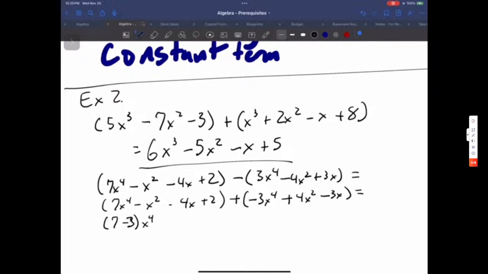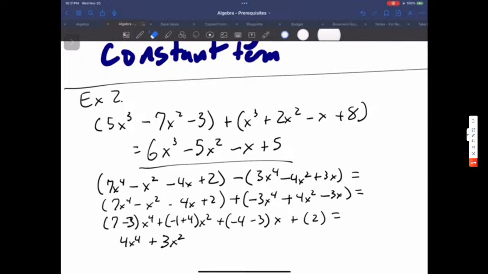Then you have a plus minus 1 plus 4 x squared plus minus 4 minus 3 x plus 2, and the second one is plus 0, so we're not going to write that. And that's the same as we had before, 4x to the 4 plus 3x squared plus negative 7, or you could just write minus 7, x plus 2.